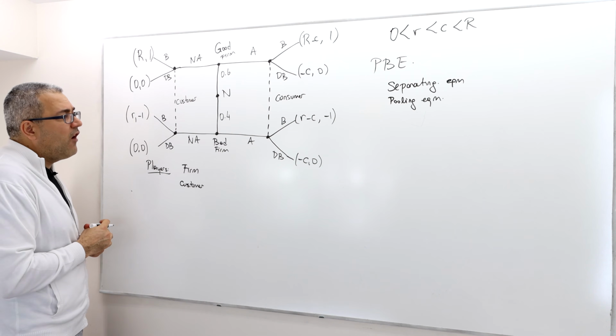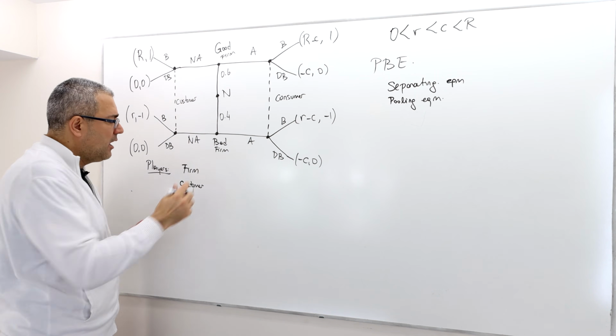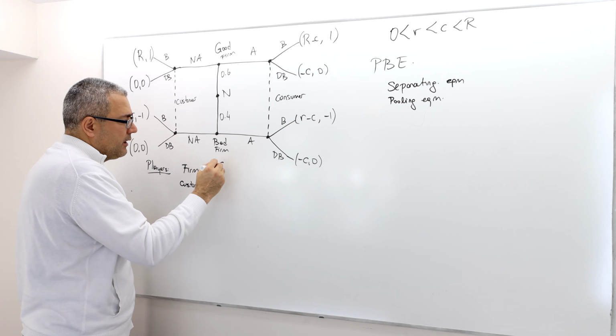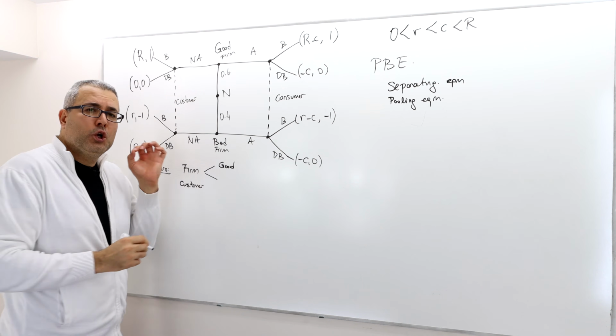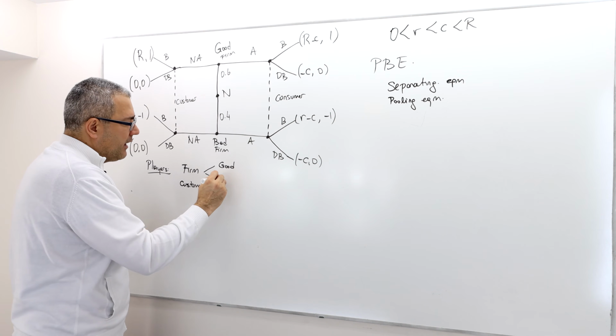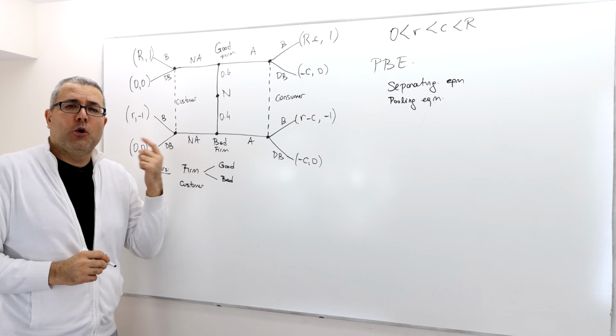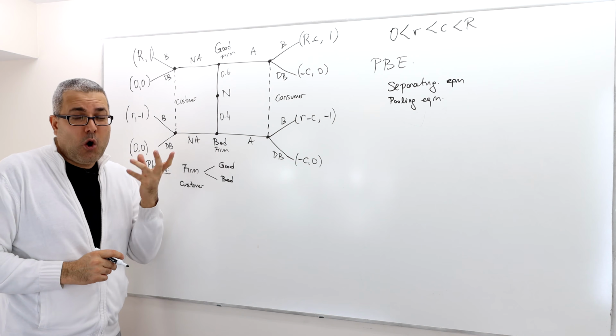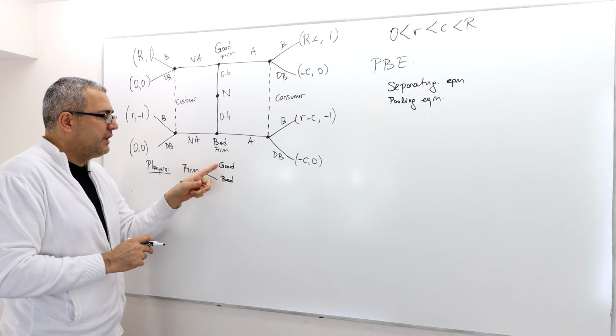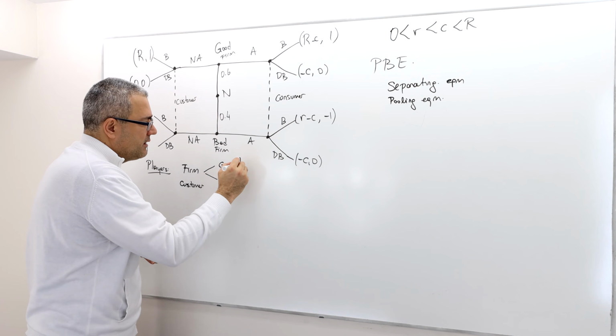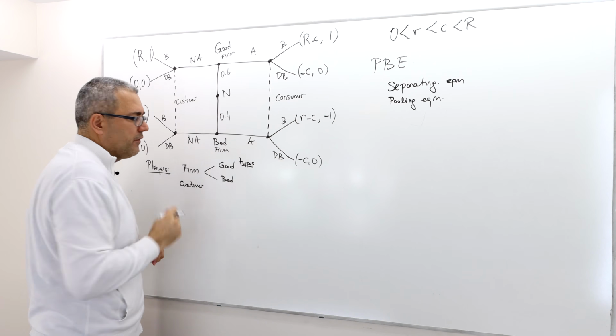How many types does the firm have? The firm has two types: the firm with a good quality product and the firm with a bad quality product. The firm can observe the quality of its product. So these are the types of the firm.